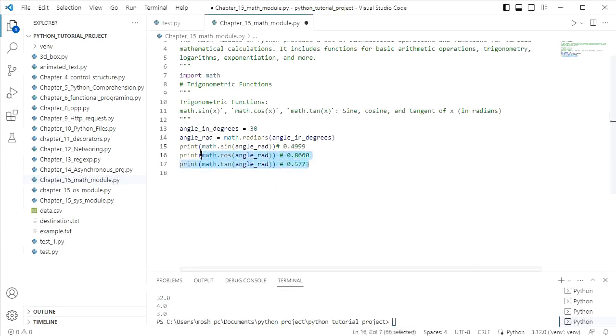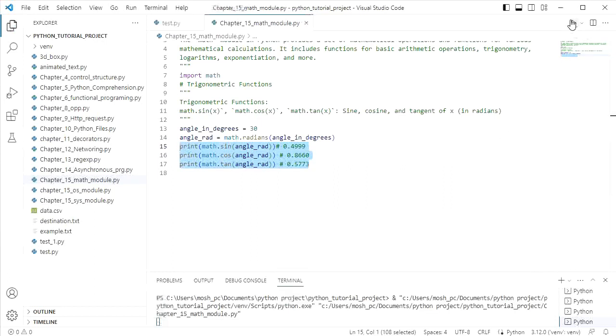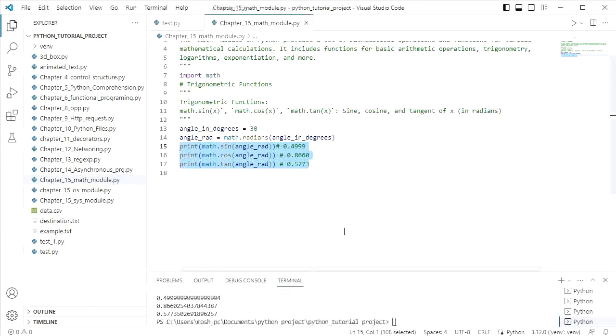Let's execute it. As you can see here, the output.